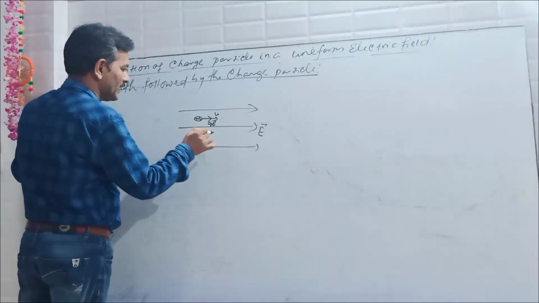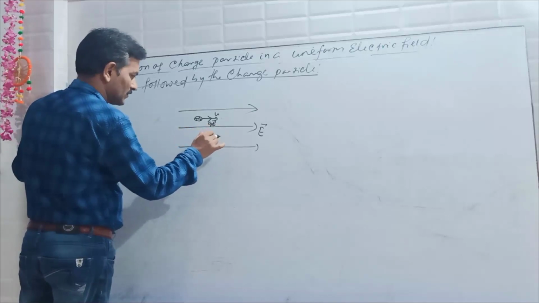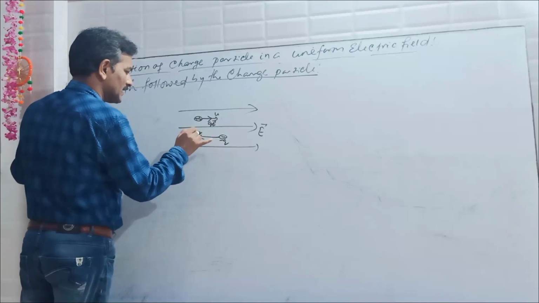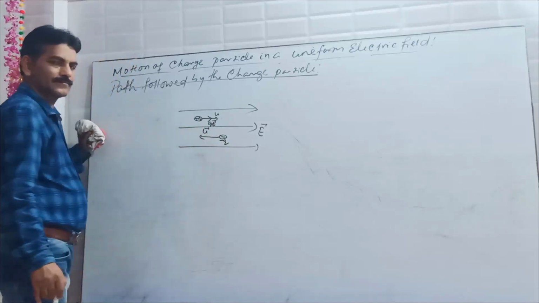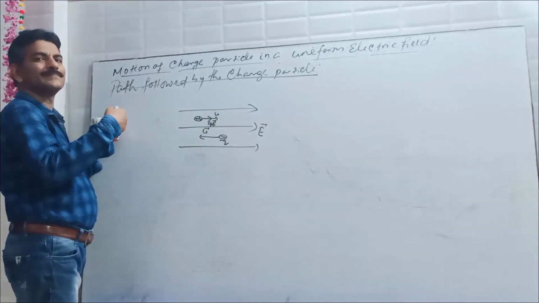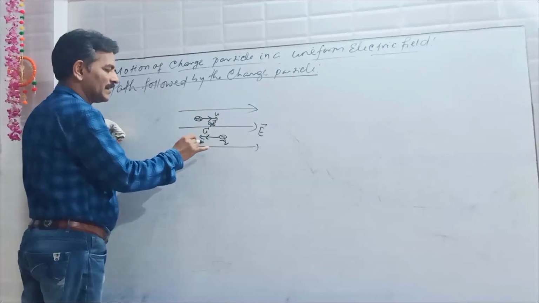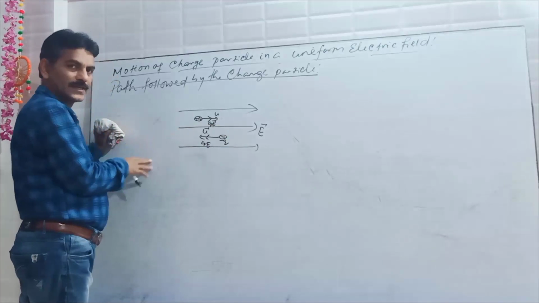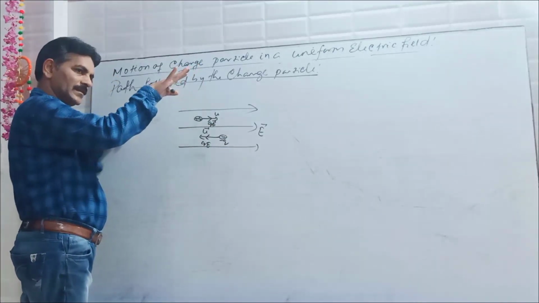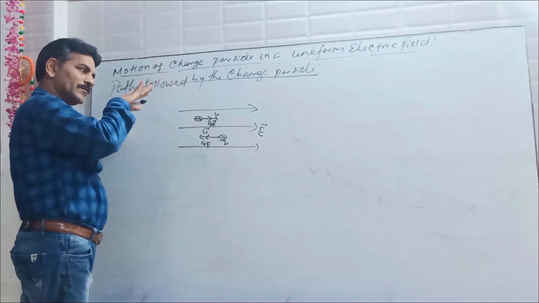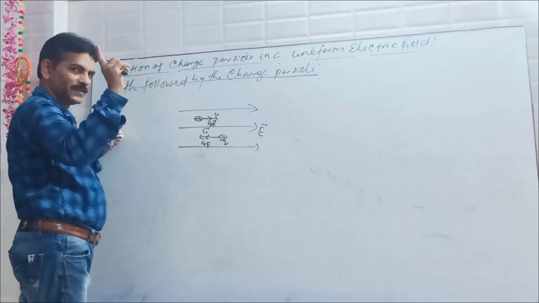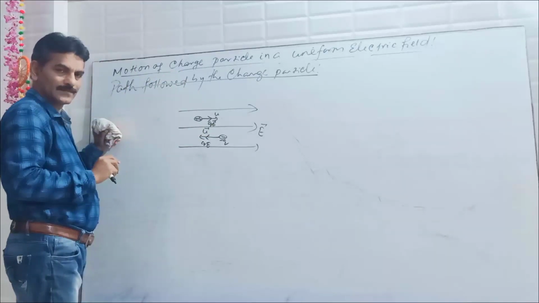You may project along this direction also. Suppose you are projecting a negative charge along this direction with velocity. It will accelerate along this direction because the force acting on it is opposite to the electric field. If a positive charge is projected in the direction of the electric field, it will follow the straight field lines, and the path described by it is linear, a straight line.